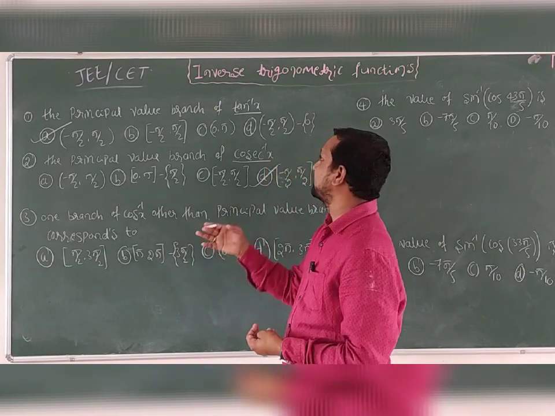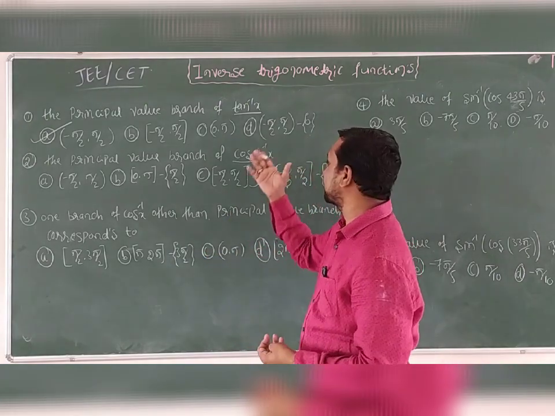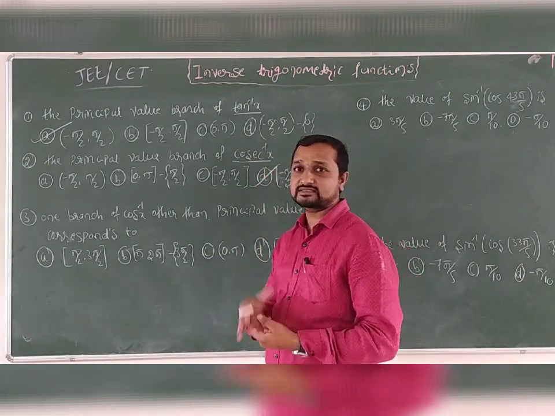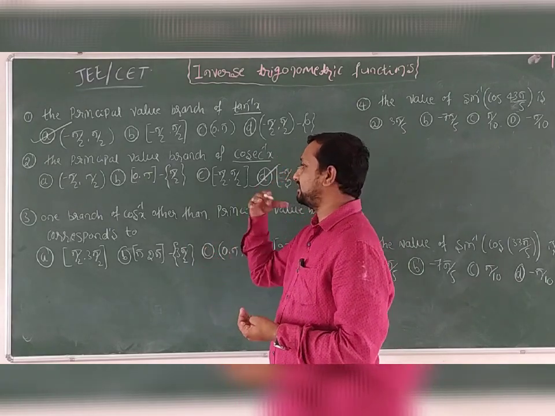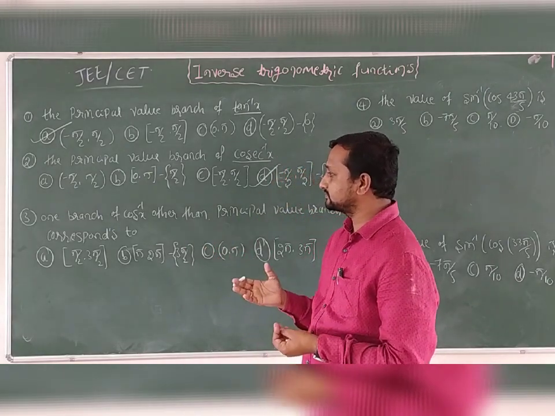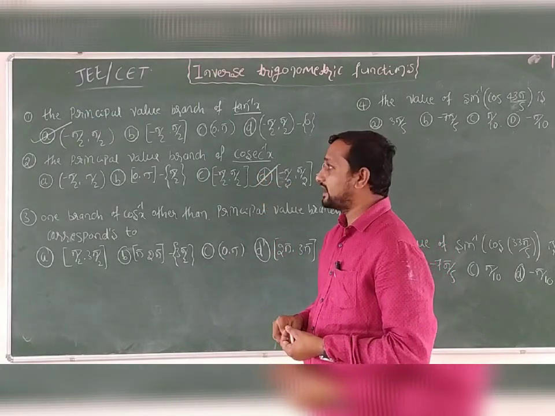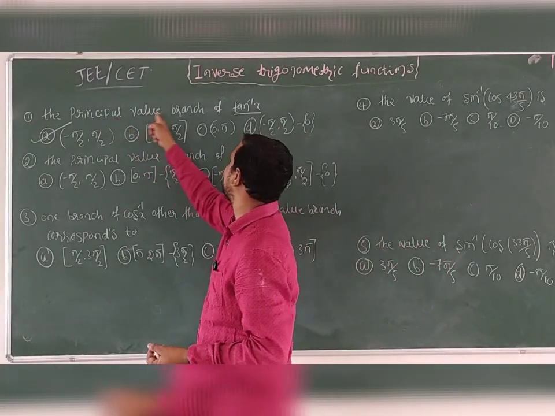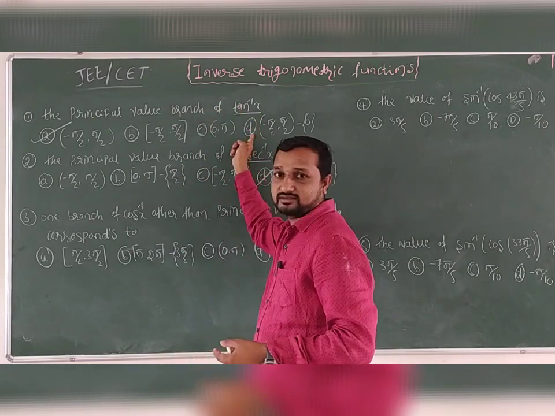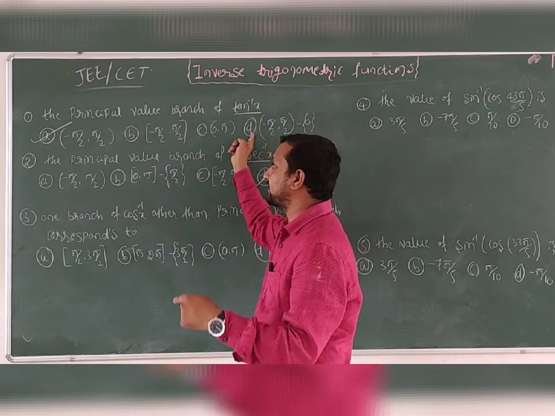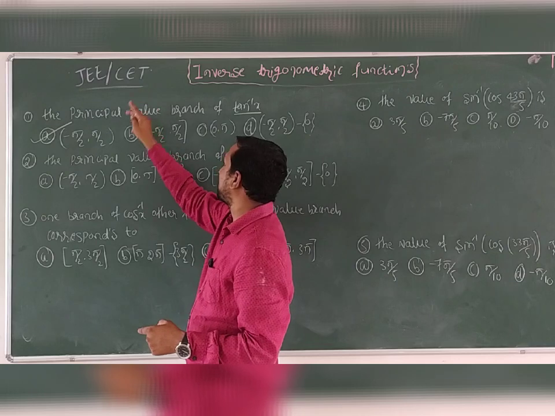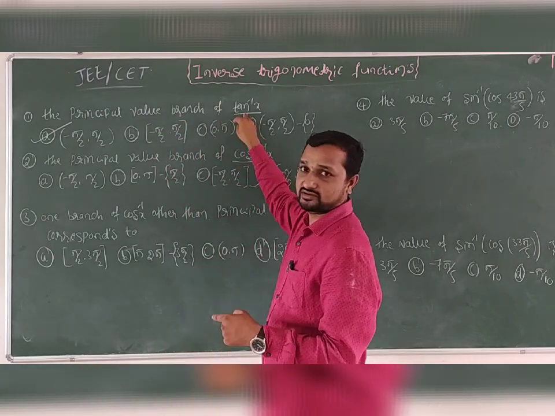Like that, same for all other functions, that is cot inverse x, sec inverse x, we can ask either tan inverse x or sec inverse x. And here the principal value branch of tan inverse x is asked. Sometimes the question could be the domain of the tan inverse x function.